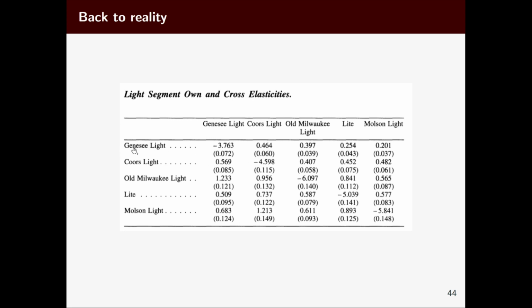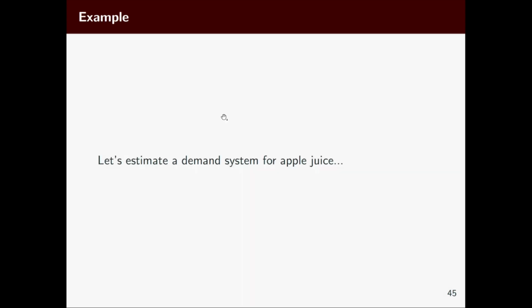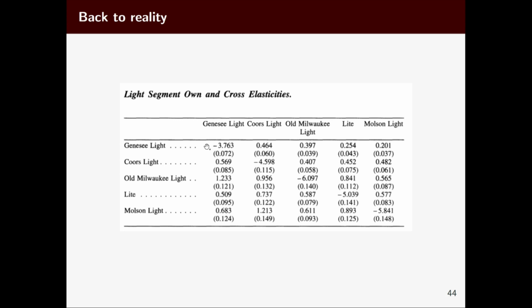So this is the percent change in quantity demanded for Genesee Light given a percent change in the price of Genesee Light. That is by definition own price elasticity. The estimate for that is negative 3.763. Okay. Of course, it's negative, right? That's what we expect for own price elasticity.